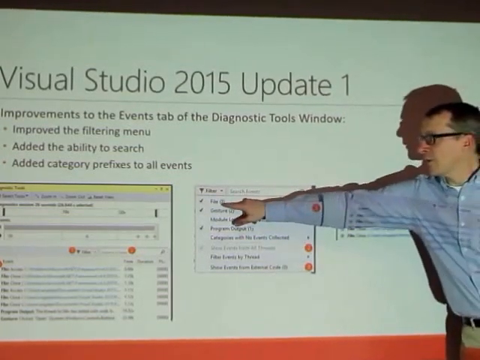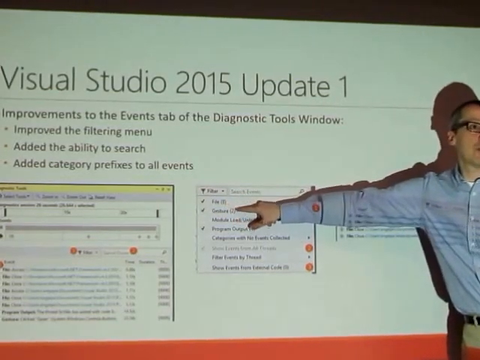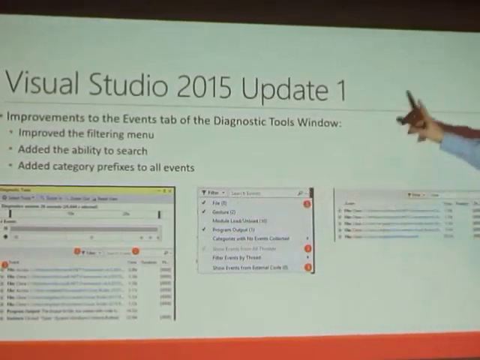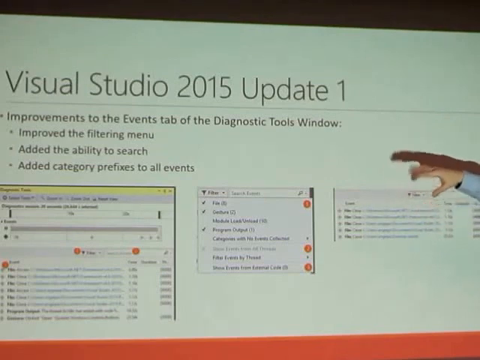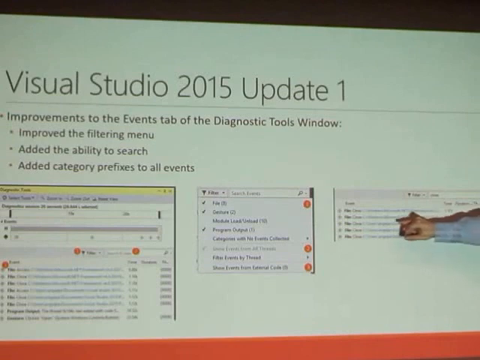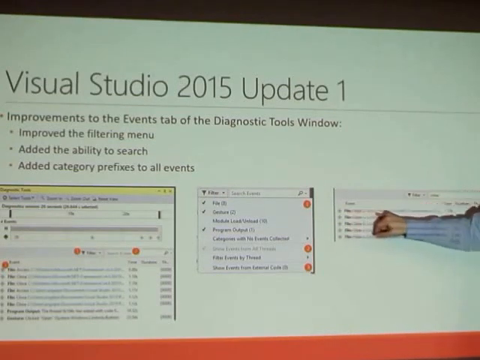And the nice thing too is they give you a little hint at the side here. This says file 8. It found 8 events for you under file or 2 events under gesture. Those kinds of things are brand new in update 1 that I don't have on mine. So if you're wondering what was that guy talking about, that's the difference right there, okay? The other nice thing is that they've added the categories, the prefixes, to the line here.